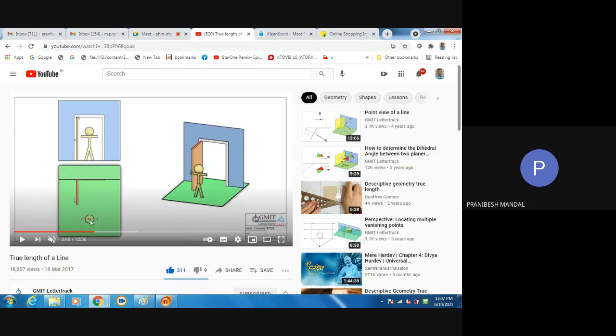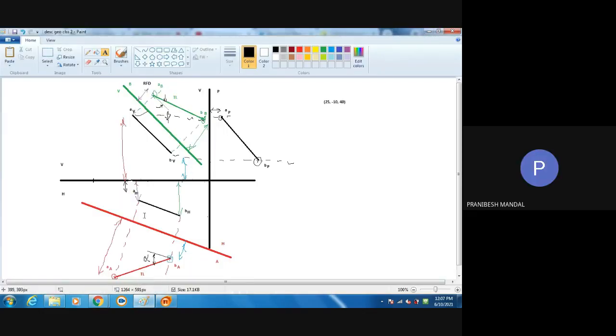You will find out on the horizontal projection, isn't it? Yes, sir. This will be 25 millimeter, isn't it? So accordingly, if you want to draw some point 25 millimeter away from the vertical plane, then from this partition line, this will be 25 millimeter away. Is it clear? Yes, sir.